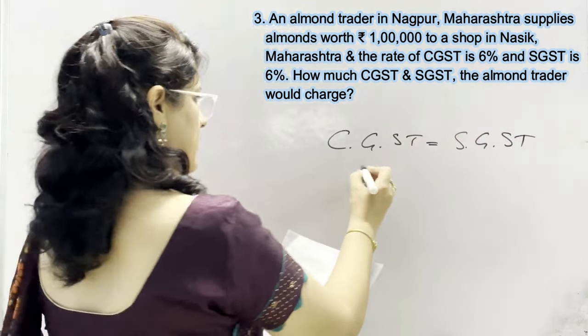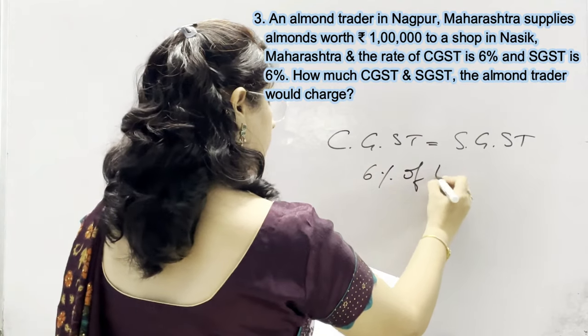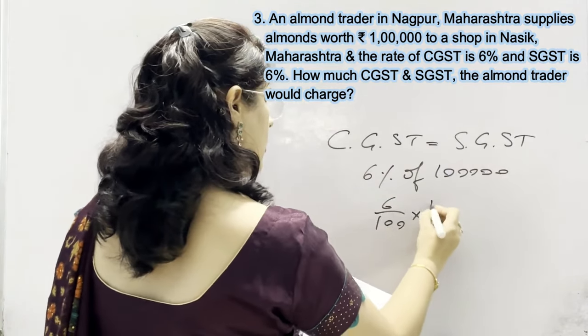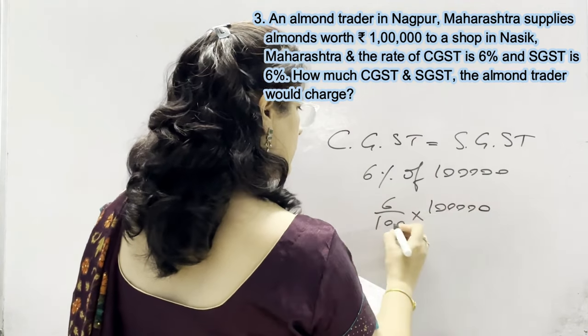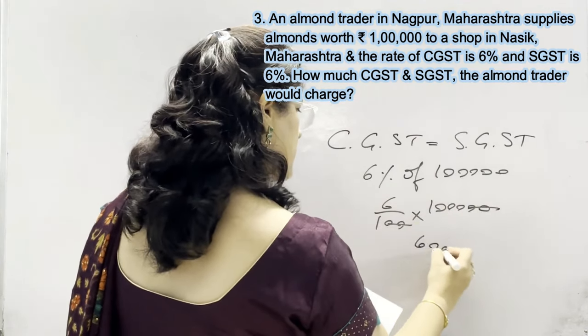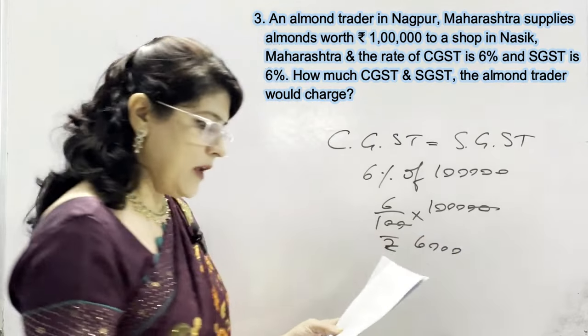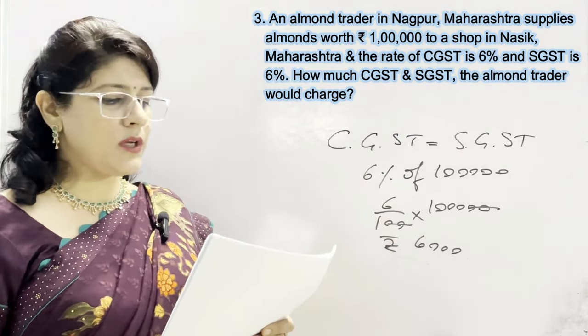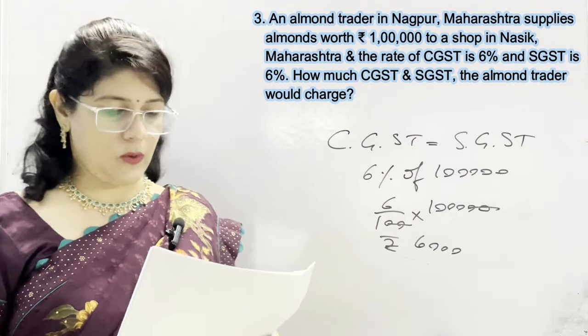It means 6%. So 6% of 1 lakh. Lakh means 5 zeros. So 6% of 5 zeros, 2 cancelled. So 6000 rupees. Both come out to be 6000. So we will write CGST is 6000. Again SGST is also 6000.